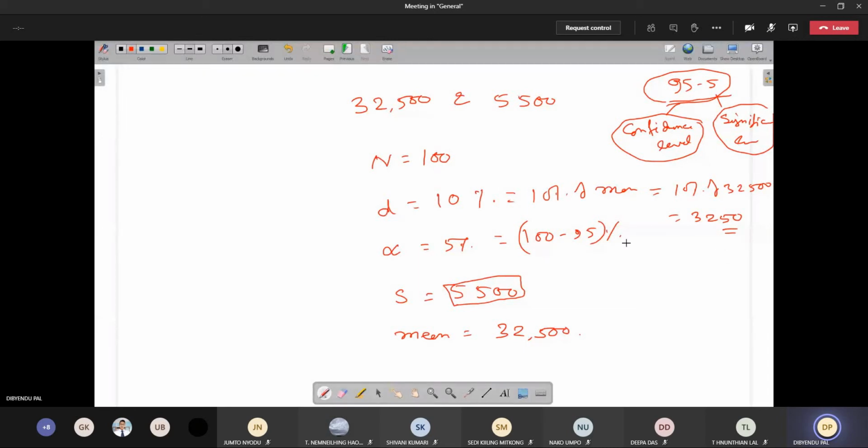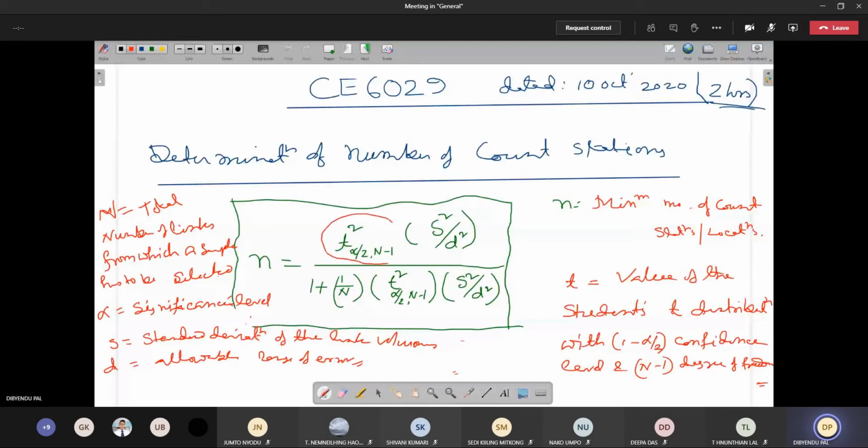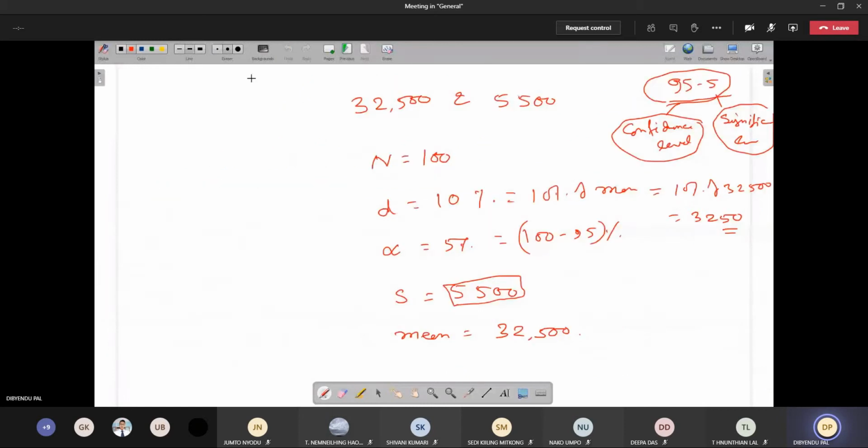Now, if you look at the previous equation, we need to get this value from the T distribution table. Okay, what is this value? That is T. We need to find the value of T alpha by 2, n minus 1. Here alpha is how much? 5%, right?